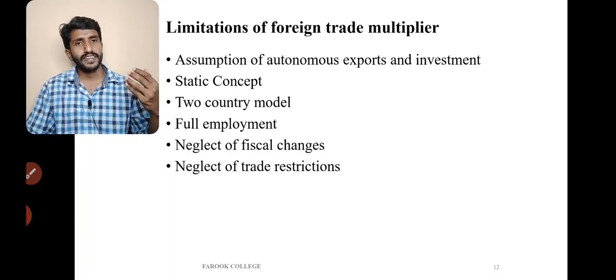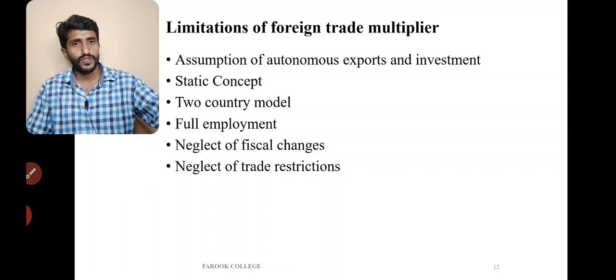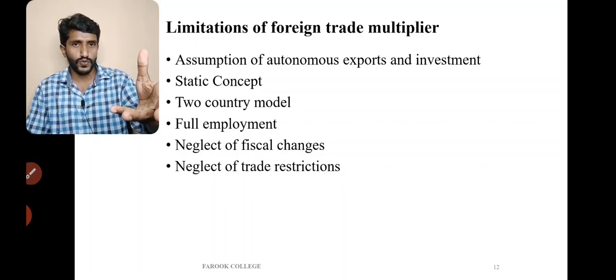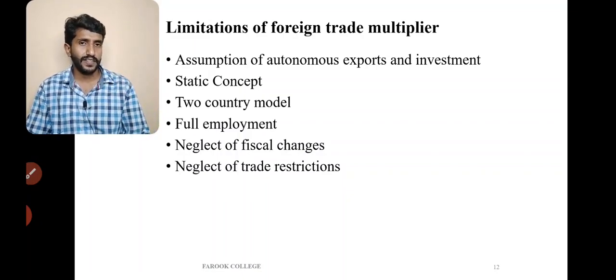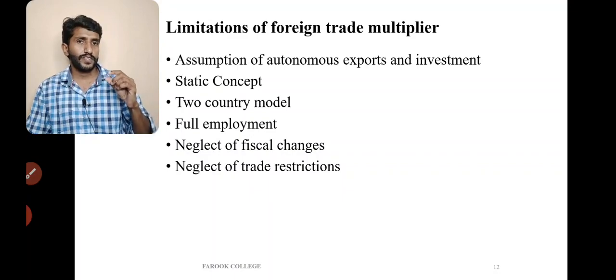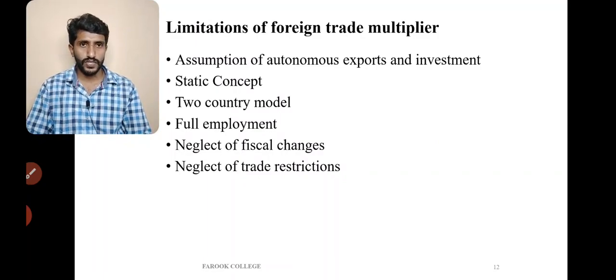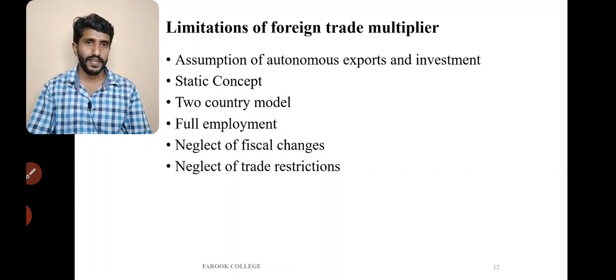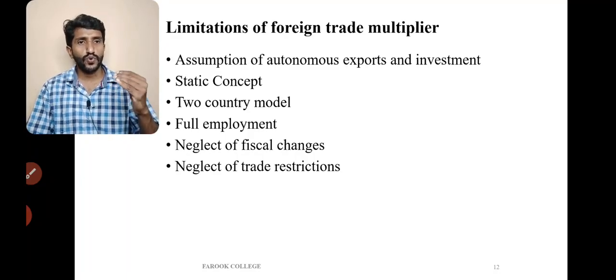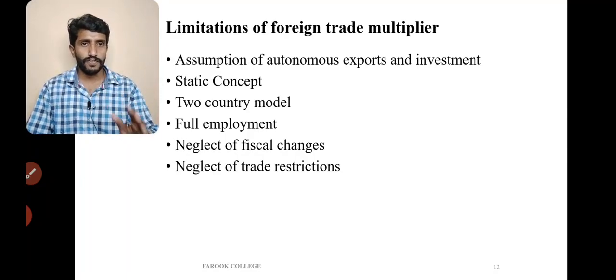Secondly, it is a static concept. I mean, it is not a dynamic concept. In a dynamic concept, we explain how the change is occurring, so we explain the path of change also, but here we are not explaining the path; we are explaining two comparative static points. So this is another limitation of foreign trade multiplier analysis. Then only a two country model has been considered.